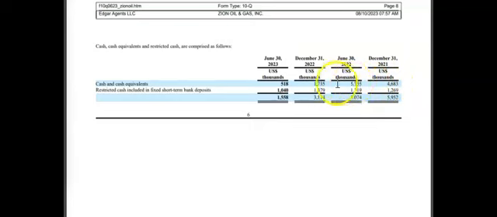It continuously goes down and down and down, and then all the way down here to 518, which is basically 518,000.